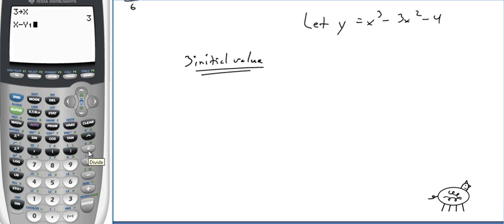Okay, so Y1 is our original function, and what's stored in Y2? It's the derivative. So Y1 divided by Y-VARS, function, Y2. So what this is doing is it's saying our initial guess minus the original function divided by the derivative of the function. And it'll plug those values in, because we put x in our function in the Y equals.